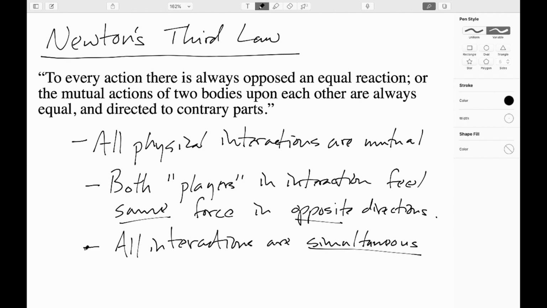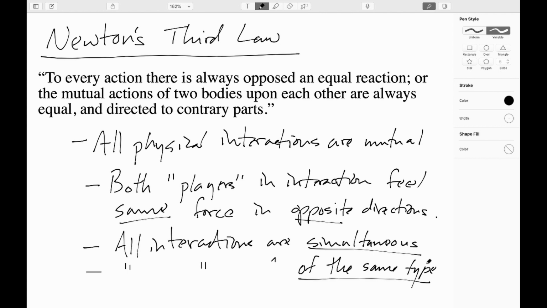And also, further highlighting the mutuality, all interactions are of the same type. So for instance, if one object is interacting with another via the gravitational force, if A attracts B gravitationally, then B will attract A gravitationally via the third law, not some other way.